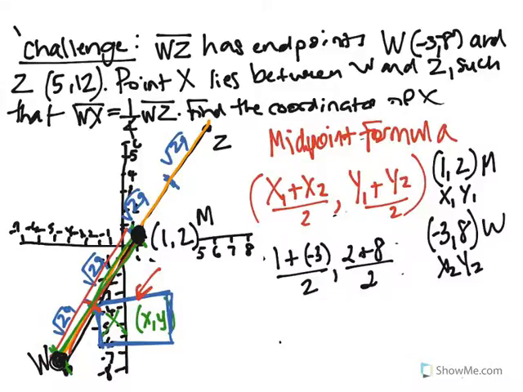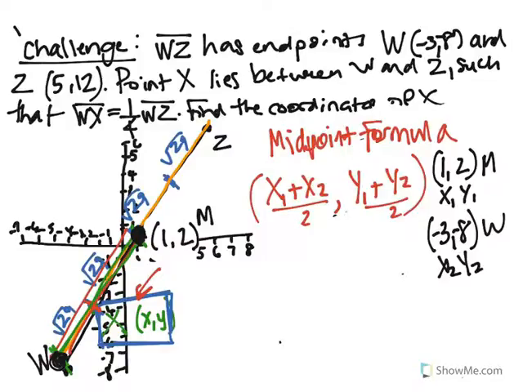Wait, no, that's not right. y1 is 2. y2 is -8. Oh, see, don't you love when I make mistakes? Because then you can see exactly what you might have done if the same thing happened.